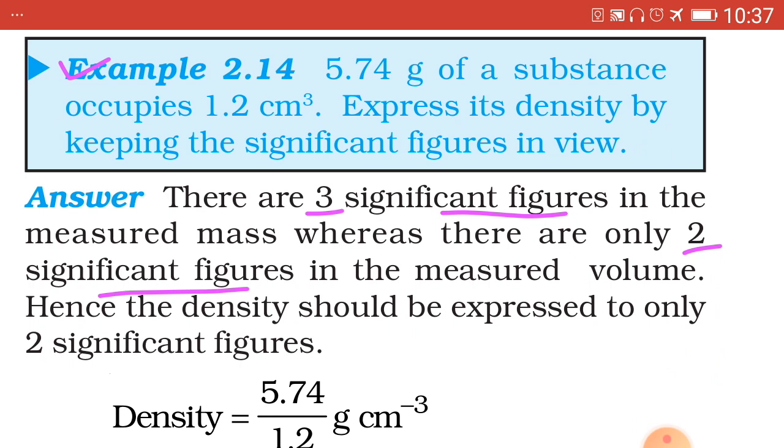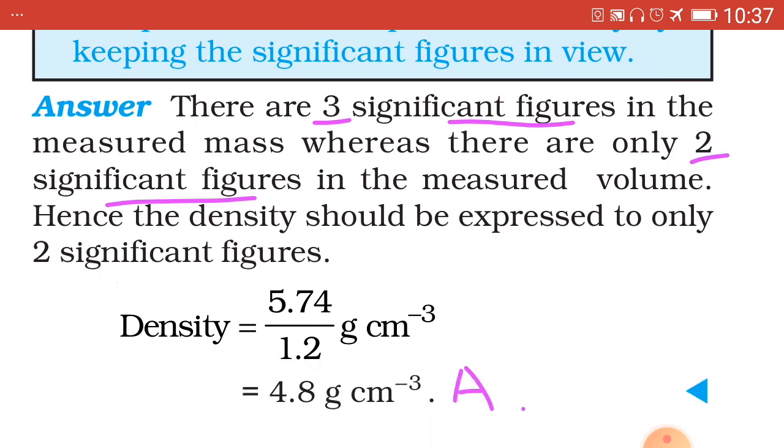This can be asked for 1 or 2 marks. Now in 5.74, how many significant figures are there? This represents the mass of the substance. Total significant figures are 3: 5, 7 and 4. While in the second number, which is 1.2 volume, total significant figures are 2. Now 3 significant figures and 2 significant figures.